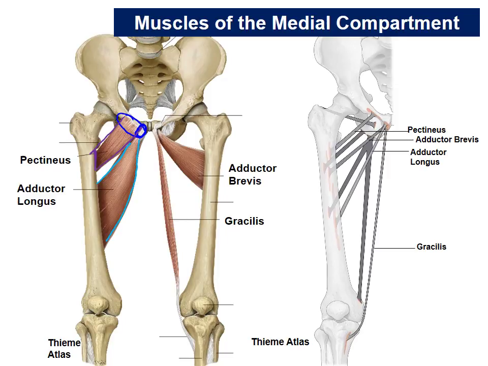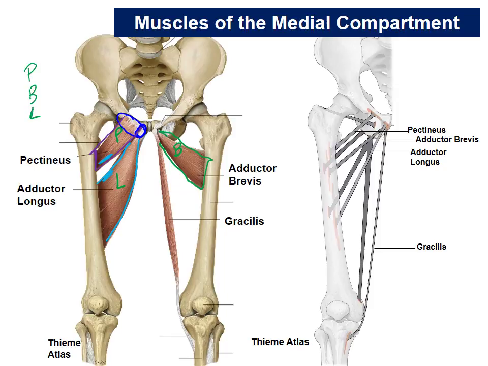Now, if you peek in between the two, so if you open up this edge and this edge and kind of fillet those open a little bit more, then we'll get a chance to see this adductor brevis muscle sitting a little deep to the pectineus and adductor longus. But from superior to inferior, we would see first the pectineus, and then the brevis, and then the longus. So from superior to inferior, it's PBL.